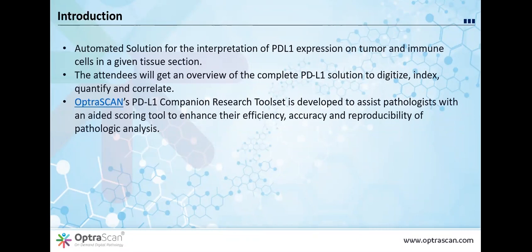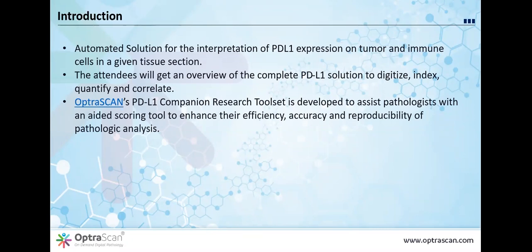Now, coming back to PD-L1, our PD-L1 solutions, rather the automated image analysis approach, has been developed to read and interpret PD-L1 expression on tumor and immune cells in a given tissue section. In today's webinar, the attendees will get an overview of the complete PD-L1 solution to digitize, index, quantify, and correlate.